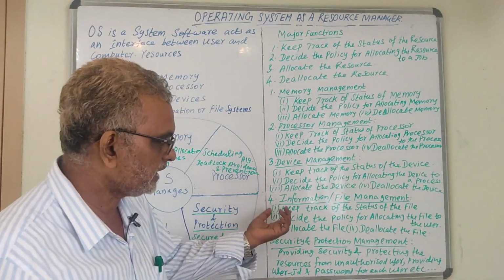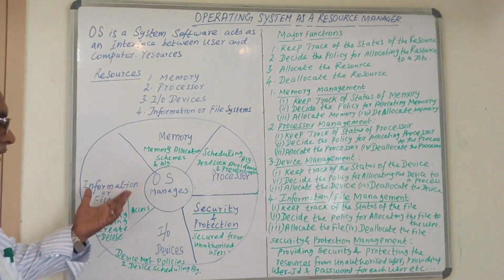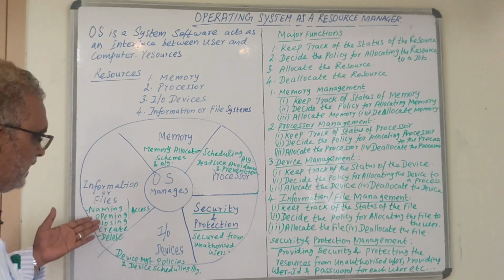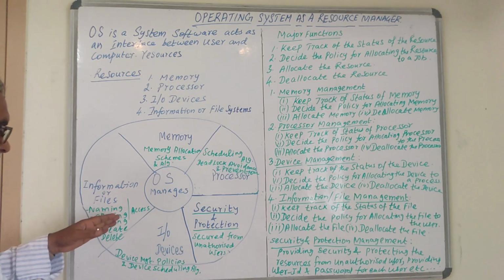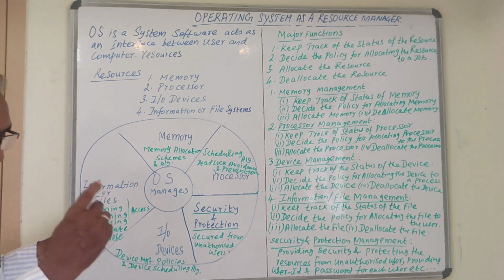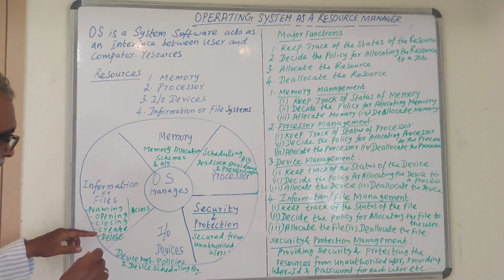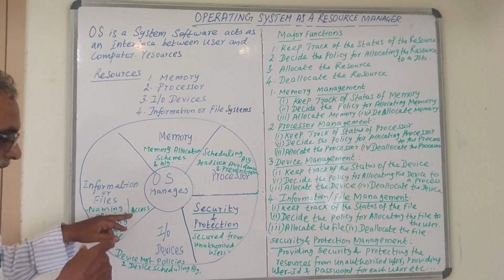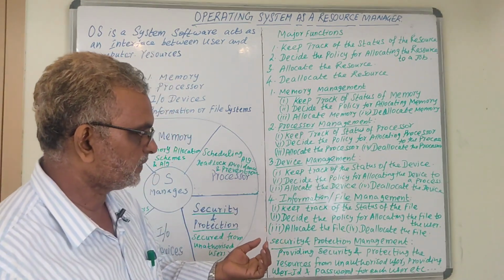Fourth one, information or file management. The first thing is to keep track of the status of the file. A file has many levels of status: whether it is in the open state or closed state, or the file may be under access. These are maintained by the operating system.